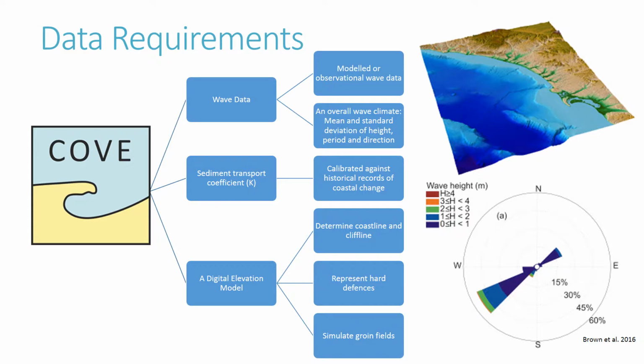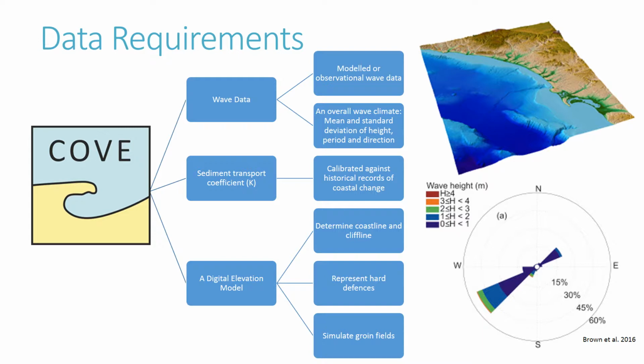The transport coefficient K may be modified to account for the size of beach material. Calibration of this coefficient can be made from estimates of bulk alongshore transport or by calibration against a historical record of coastal change.